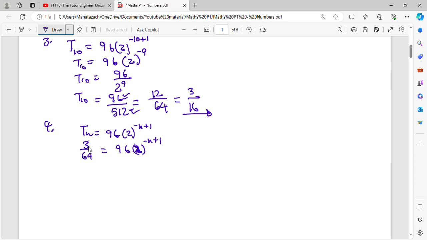Okay, so 96 can be divided by 3, so you can rewrite this as 32 times 2 to the power minus n plus 1. When you divide 96 by 3, you get 32 in front.